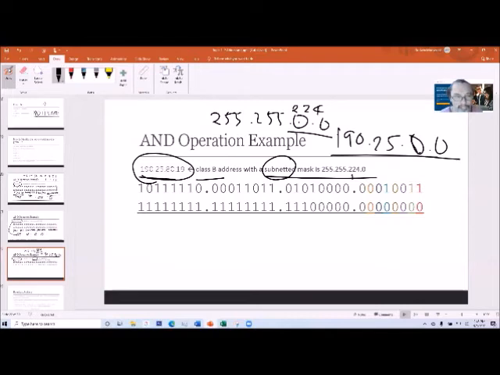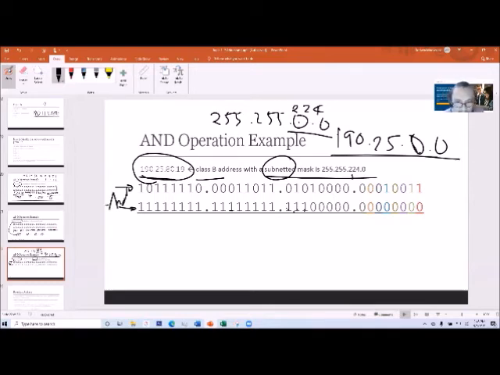Let's try. We convert the upper portion, the IP address, and the subnet mask is converted also into its binary notation. Take notice now that 255 is all ones, 255 all ones, and 224 is 111, then there's our 0. So 111 meaning 128 plus 64 plus 32, and that is 224. Now we do the AND.